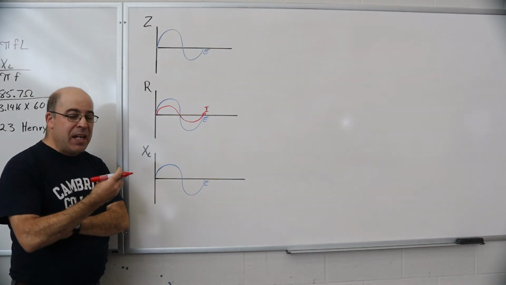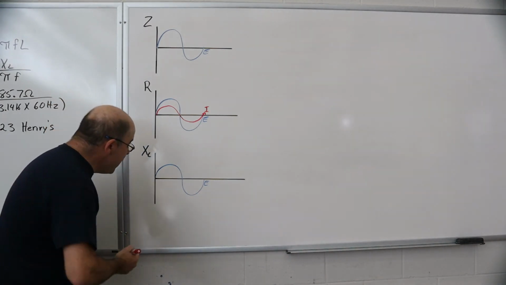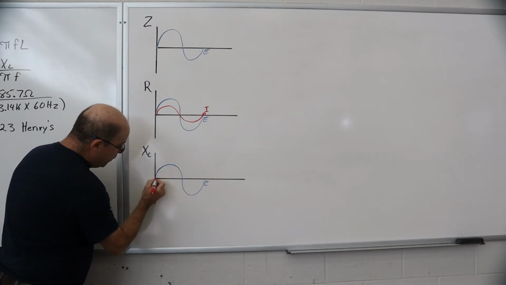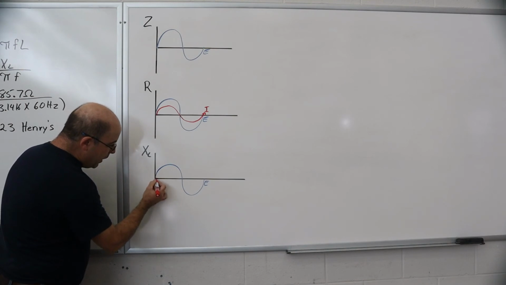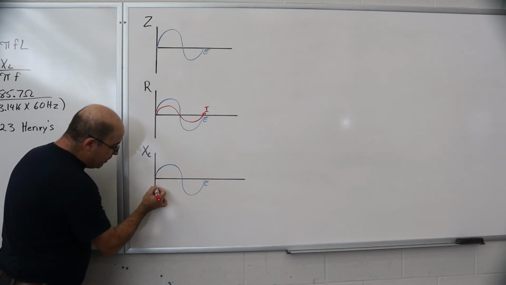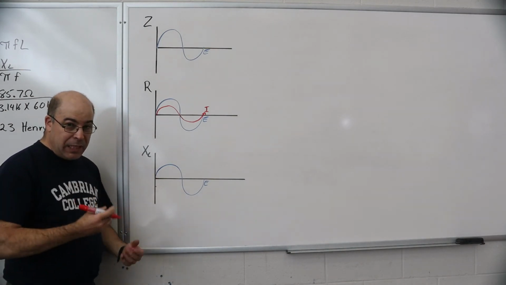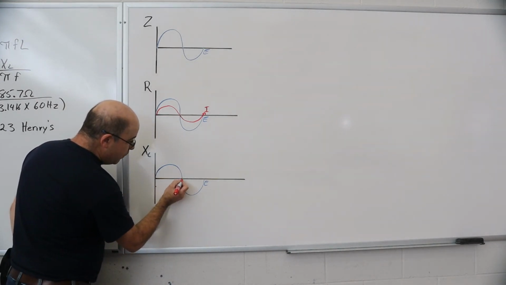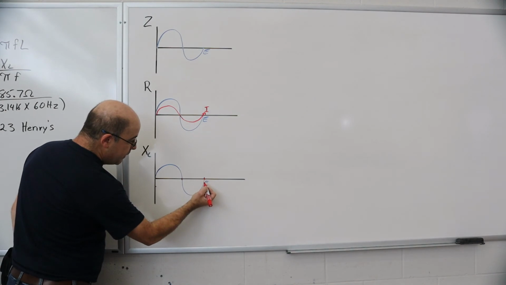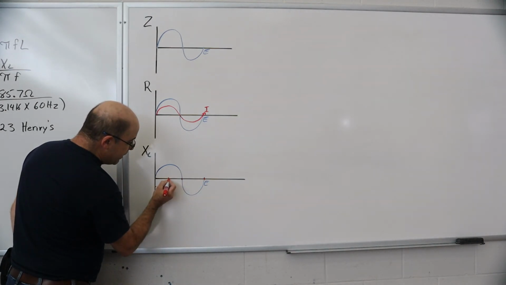Now this is something that is standard in a textbook. That means that if this voltage waveform is at 0, then the current is going to be down here somewhere because it's going to be lagging, and by 90 degrees. This is 180, here is 360, so halfway in between is 90.